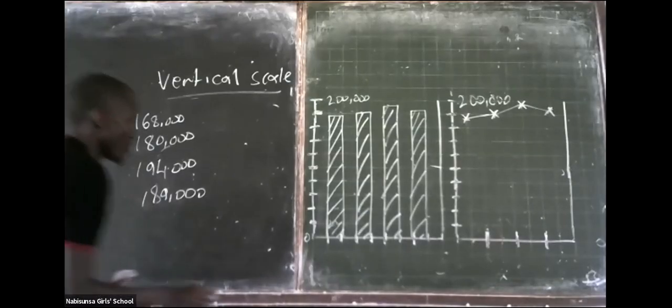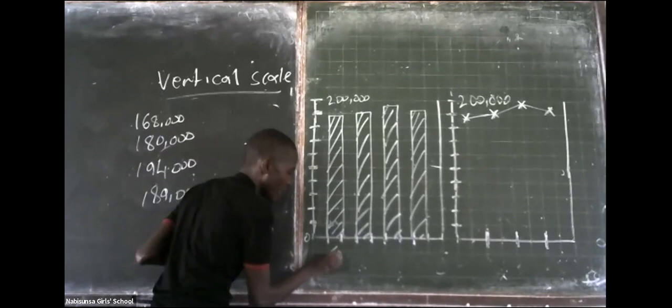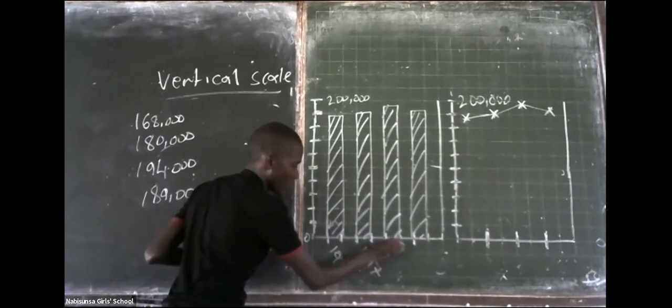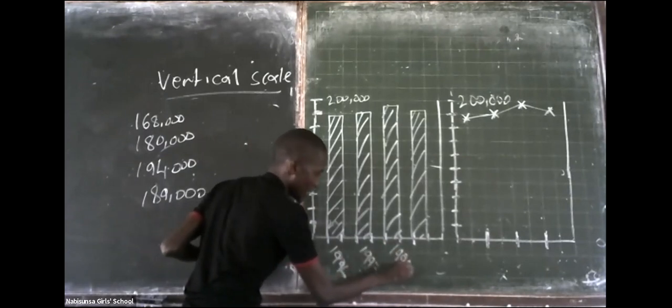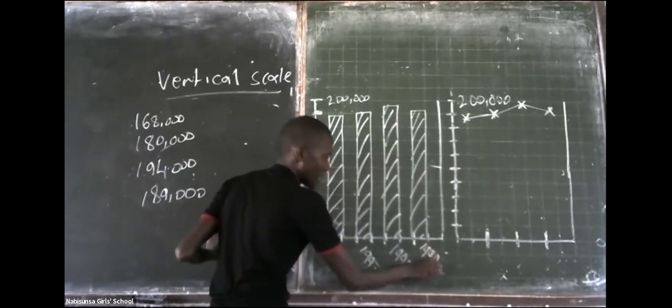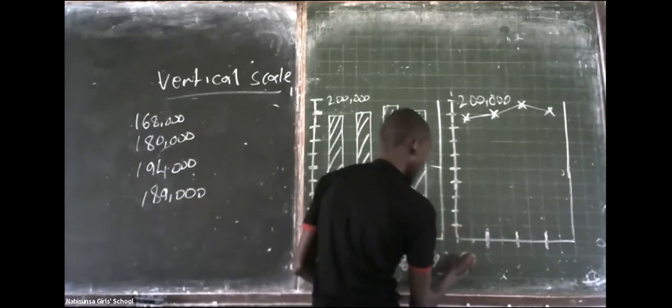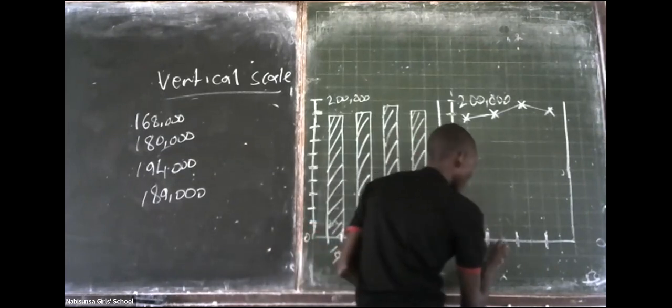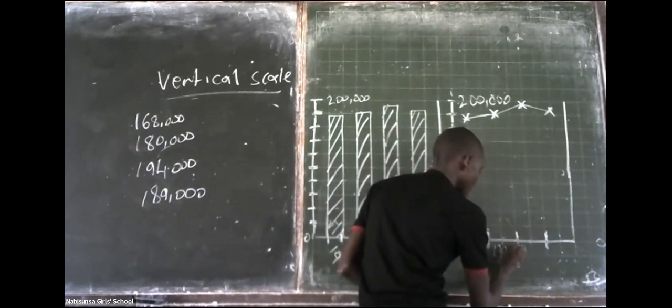Here you are going to write 1996, 1997, 1998. Then here you are going to come and write 1996. Here write 1997.